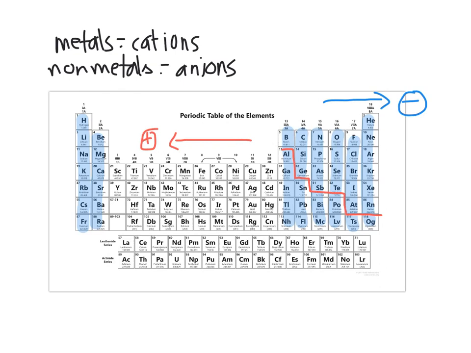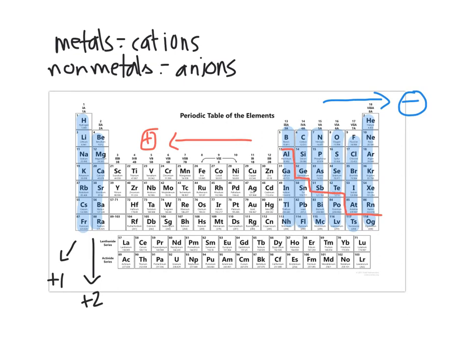This suggests that the elements in groups 1 and 2 will tend to lose electrons. In fact, it turns out that they tend to lose the number of electrons equal to their group number. And so group 1 tends to make positive 1 ions, and group 2 tends to make positive 2 ions.